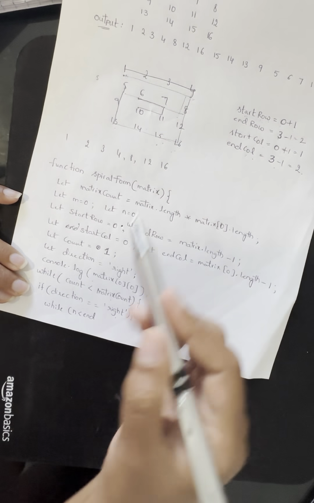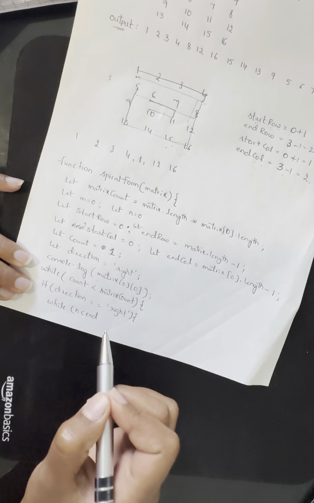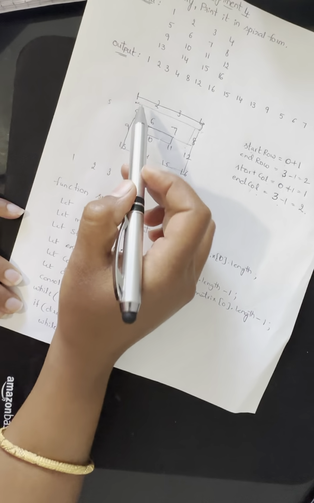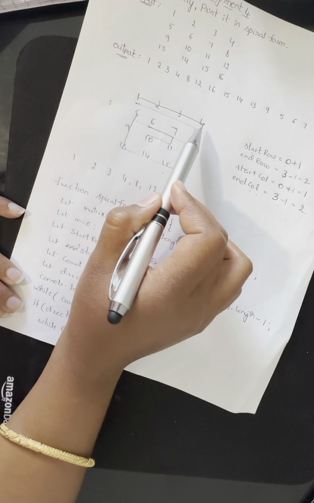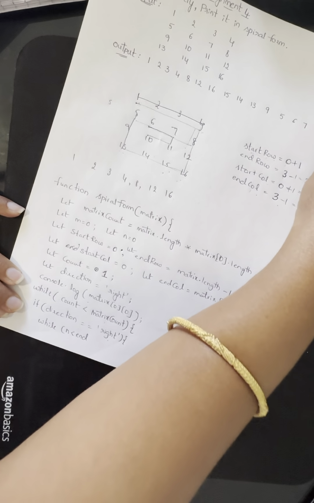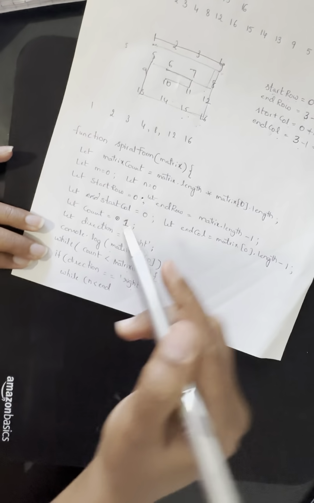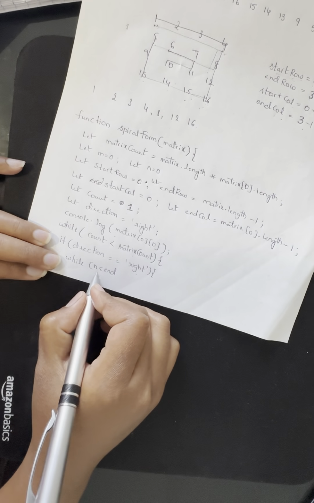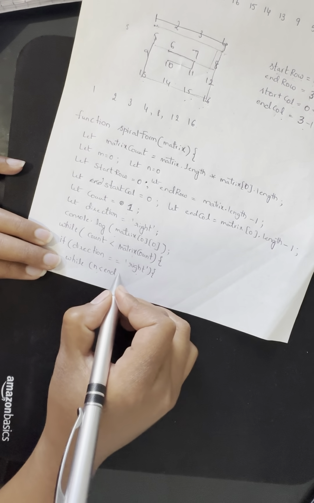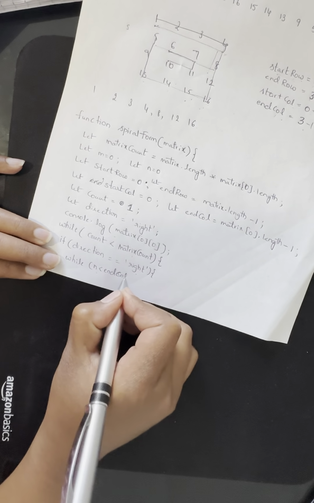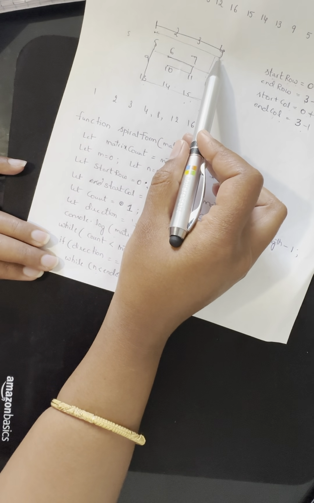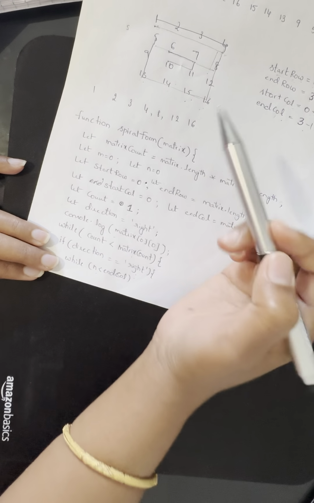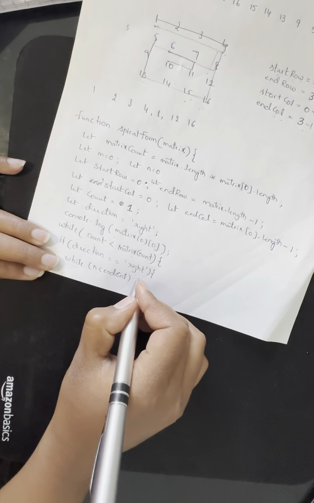So I'm using another while loop inside this, so that I'll iterate through the elements until I reach the end of the row. So the exit condition is n less than end column, which means if I reach the last element in the row, then I'll come out of this while loop.